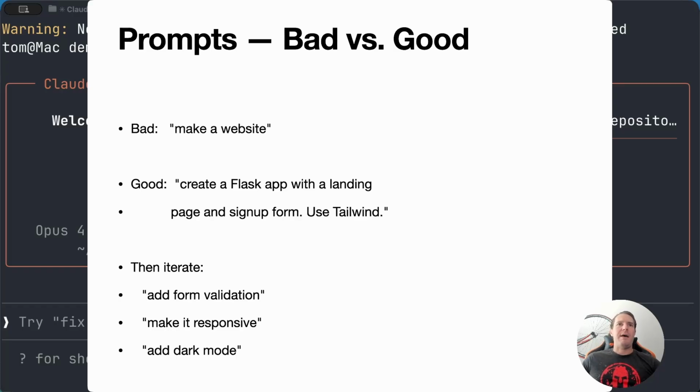Here's the difference between bad prompts and good prompts. Bad prompt, make a website, fix my code. That's way too vague. What code? What's wrong? What do you want specifically? Good. This is not great, but say create a Flask app with a landing page and a sign-up form using Tailwind.